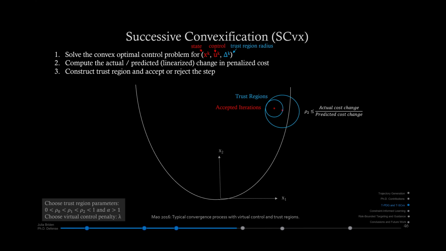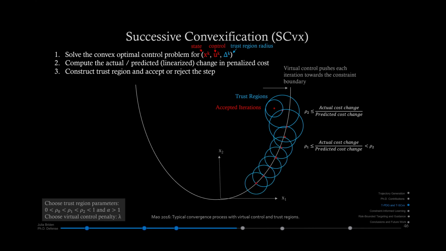An example of this would be we started inside of our bounds, and then after one iteration, we found that we actually have a greater actual cost change over our predicted or linearized cost change. And so we decided to grow our trust region. And then we see that we're getting pushed towards the constraint boundary, and that's induced by the addition of a virtual control variable.